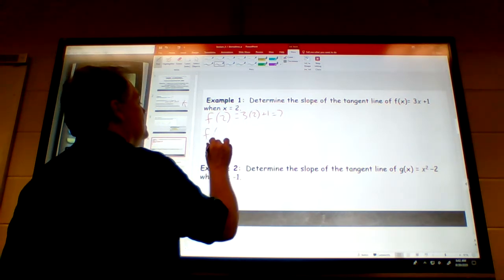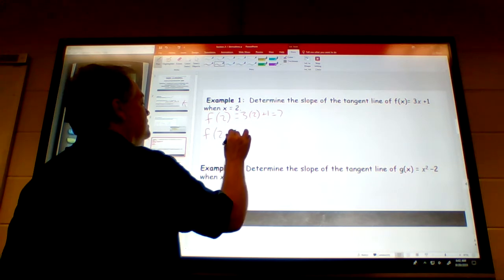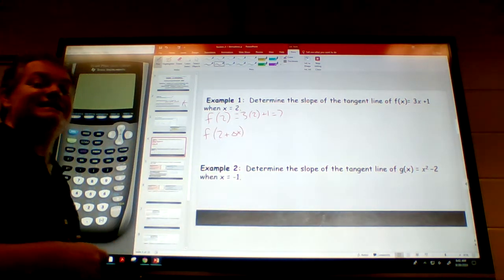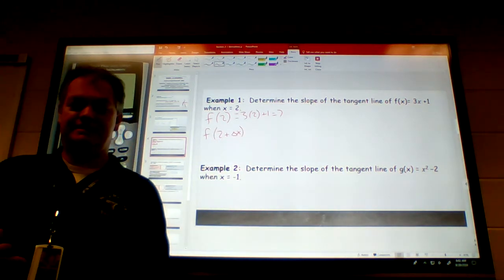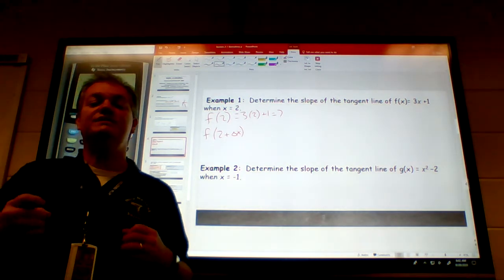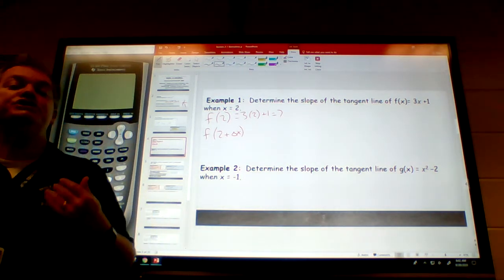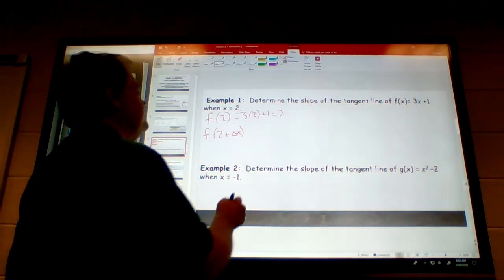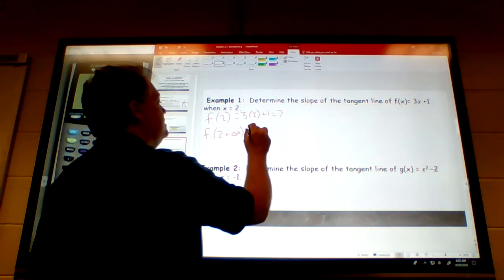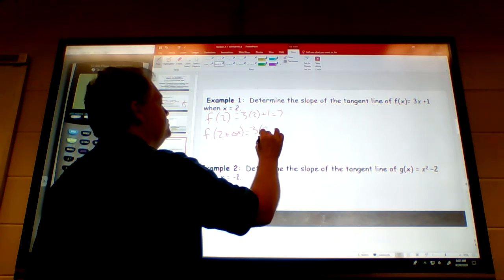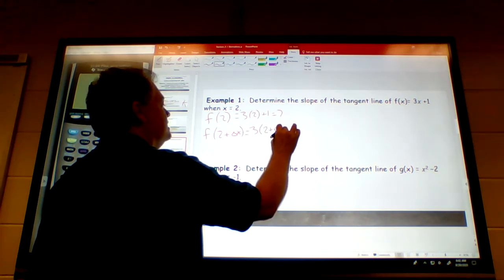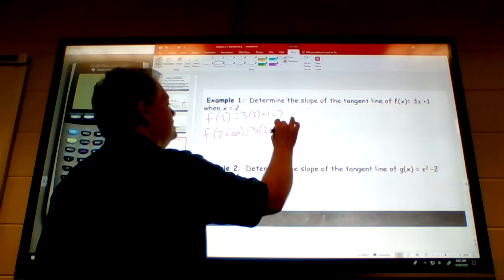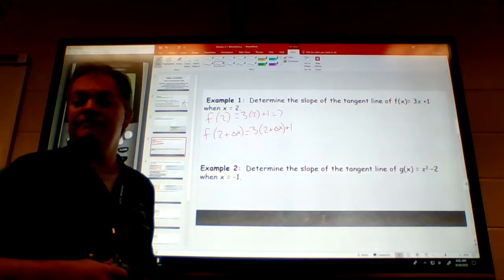Now, f of 2 plus delta x, where delta x is the change in x. When you see the little triangle symbol, that means delta. Delta means change. So here's how that's written. That is going to be 3 times (2 plus delta x) plus 1, and there's a parenthesis around there that I forgot.